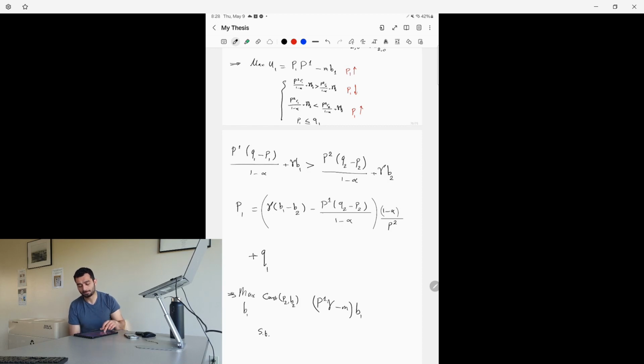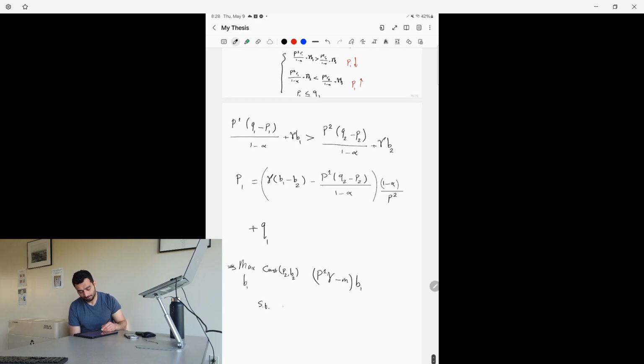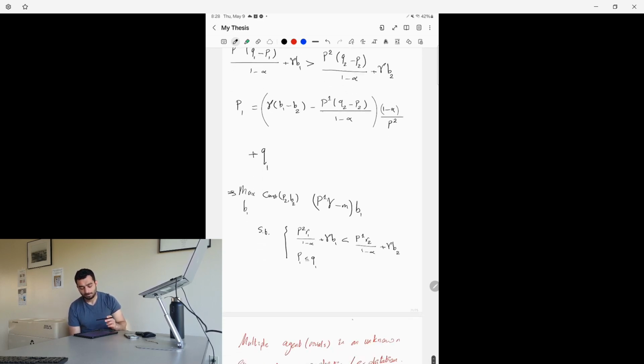So the first one is binding, we don't have it anymore. We have this P1 less than Q1 in the back of our mind, and we have P2 R1 1 minus alpha plus gamma P1 less than P1 R2 1 minus alpha plus gamma B2, right? This one.